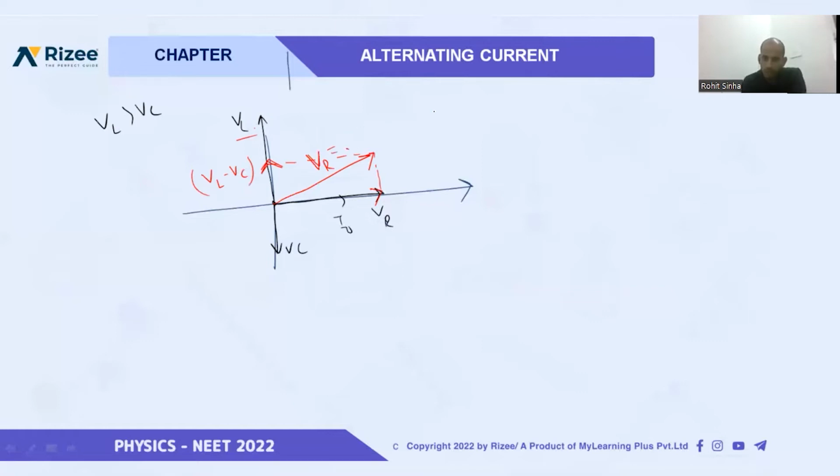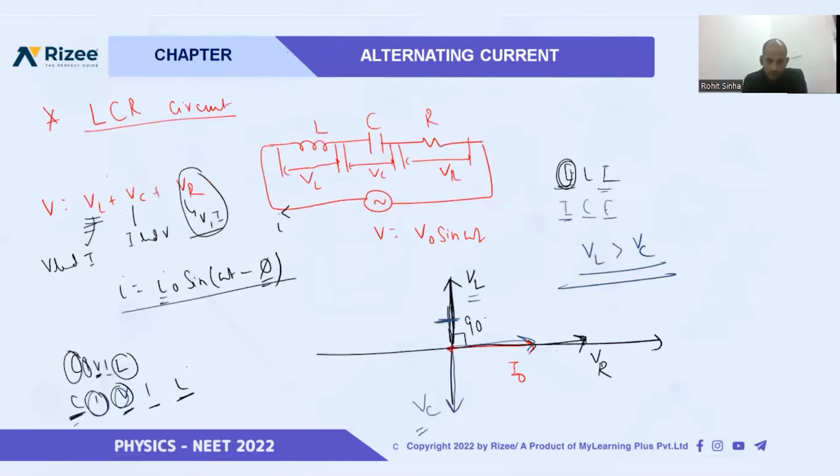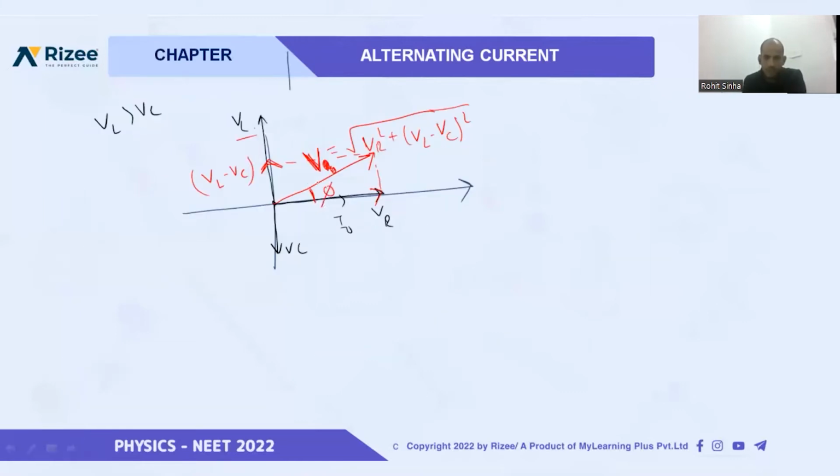It will be equal to the square root of VR square plus VL minus VC whole square. And this angle is represented by phi. What was phi? Phi was this angle. See here, this angle is represented by phi.